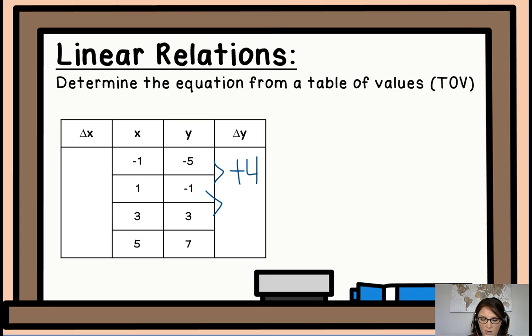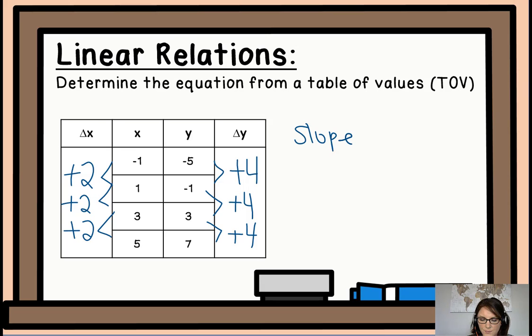From negative 1 to 3, again we added 4. 3 to 7, we added 4. On the other side, for the change in x, this time we're adding 2. So our slope is 4 over 2, which reduces to 2.